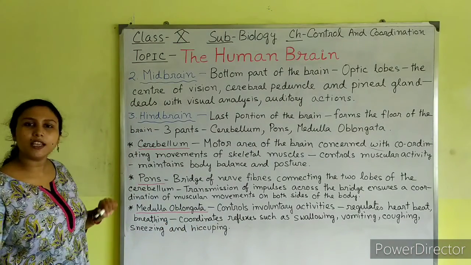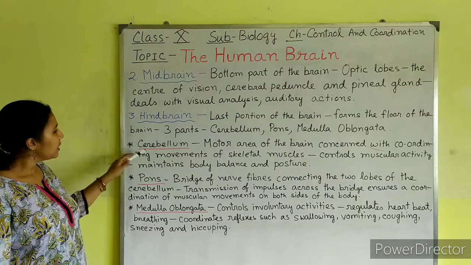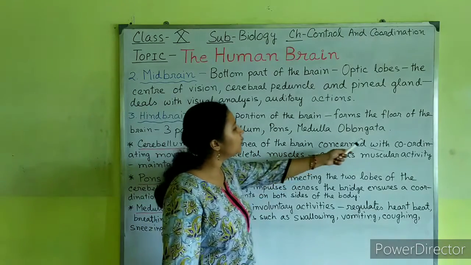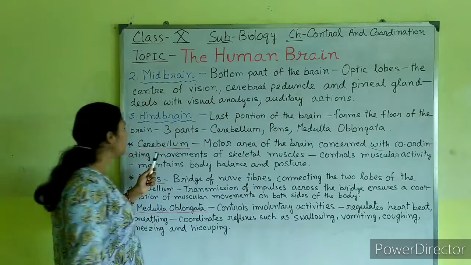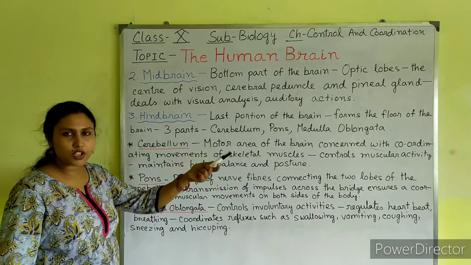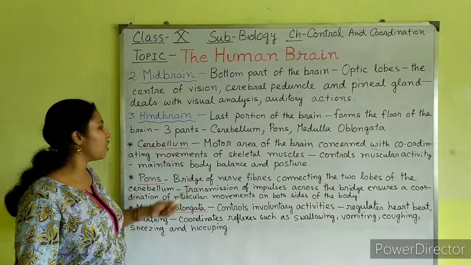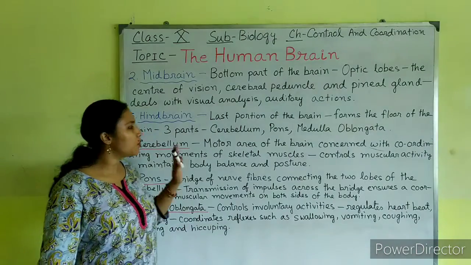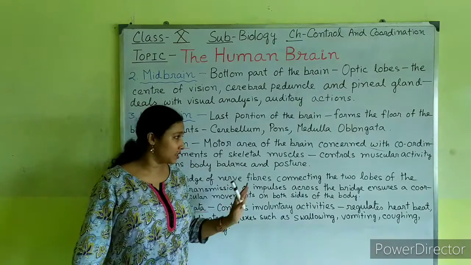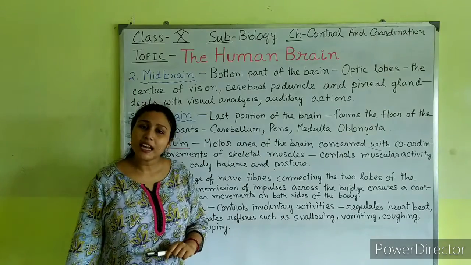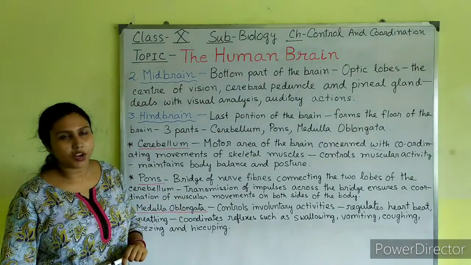First, we will learn about the cerebellum. It is the motor area of the brain concerned with coordinating movements of skeletal muscles. So, it is the motor area of the brain concerned with coordinating movements of the skeletal muscles in our body.